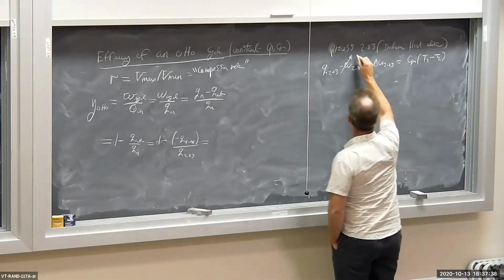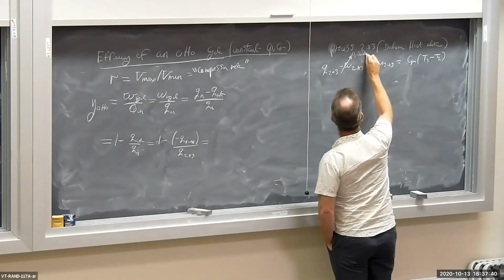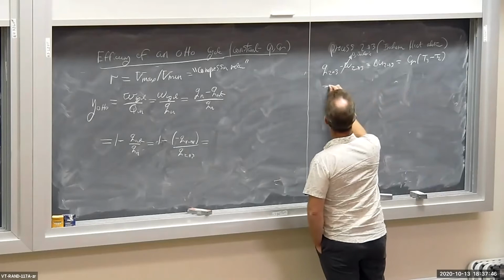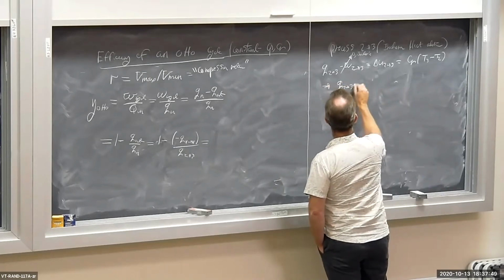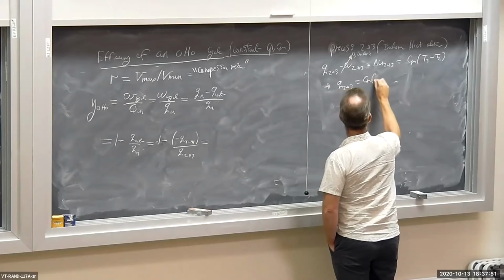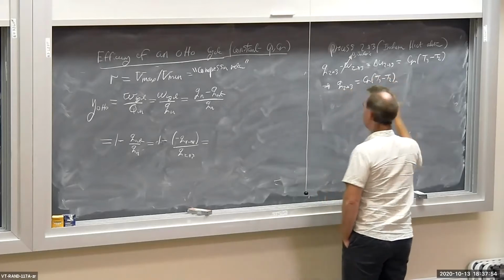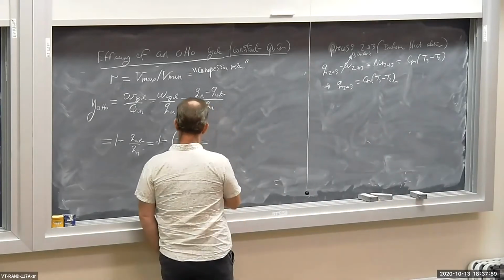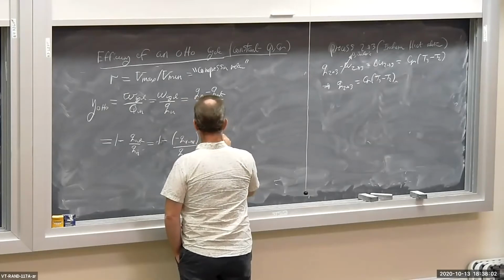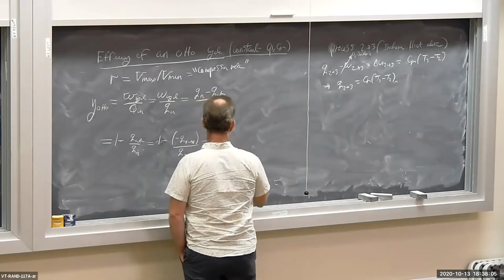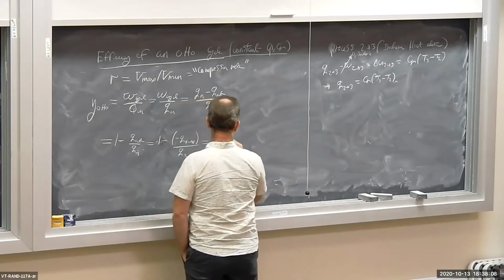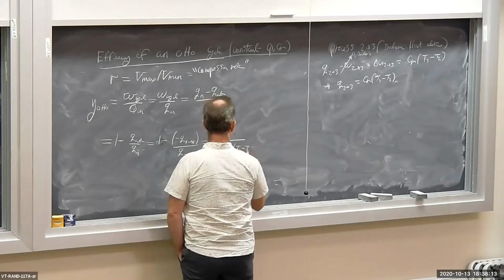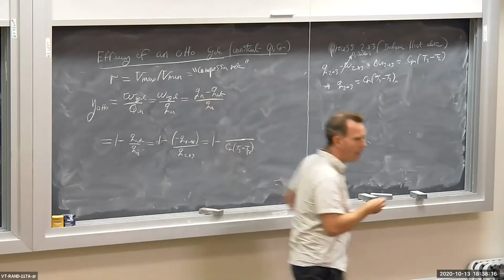So we get immediately q 2 to 3 is equal to Cv times T3 minus T2. So I get 1 minus, and then Cv times T3 minus T2, that's the denominator, that's the heat input.